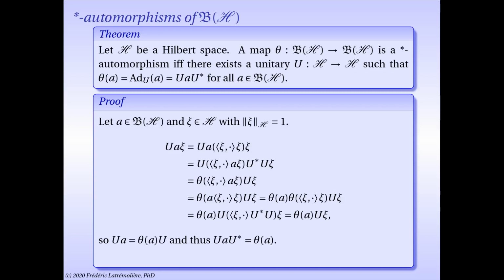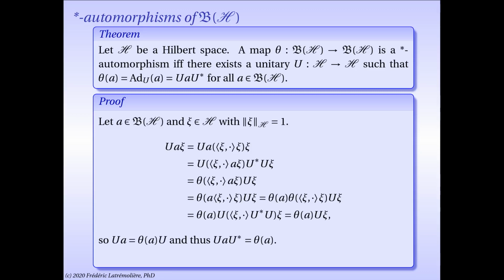Then what is theta of this rank 1 projection? Well, it's again this rank 1 projection conjugated by the unitary U. And then you see again the U star U cancel. And then you simply see that we're applying this projection on the linear span of psi to psi, so we get psi. And so you have shown that indeed U times A times psi is theta of A times U times psi.